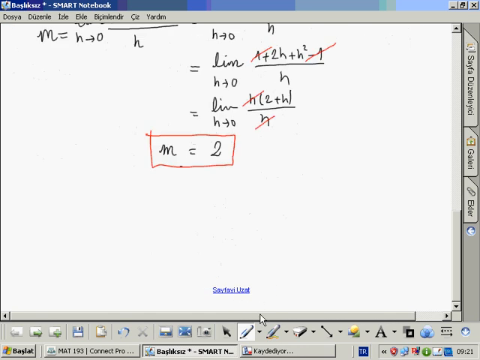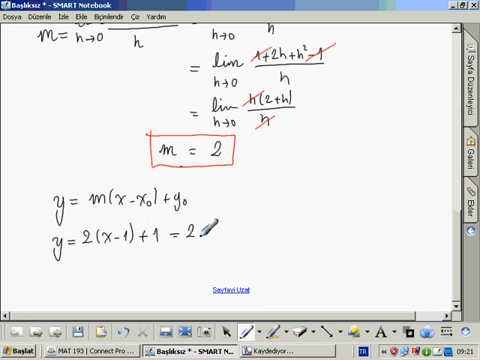The tangent equation says y equals m times x minus x0 plus y0, so y equals 2 times x minus 1 plus 1, and when you simplify it you obtain 2x minus 1, which is our tangent line equation.